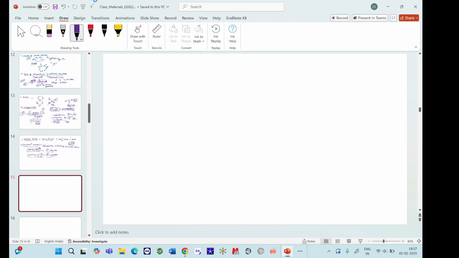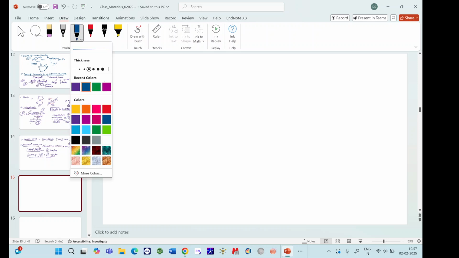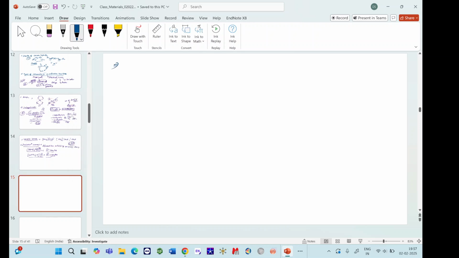Let us go to the next part. Coordination compounds, sorry, complexes, specifically metal ions have variable oxidation states.